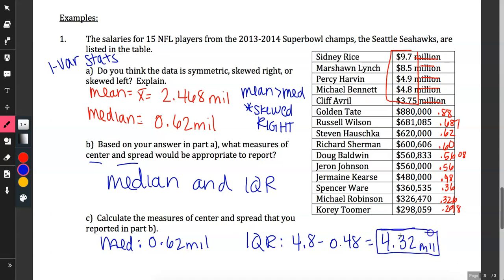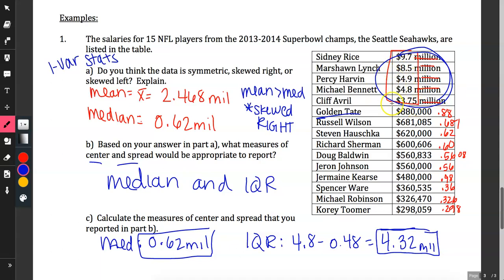Okay, the reason this is skewed is because these guys up at the top are making crazy amounts of money compared to the rest. Look at the next closest is 3.75 million, and this guy's not even making 1 million. Okay, so they're pulling that mean a lot higher.